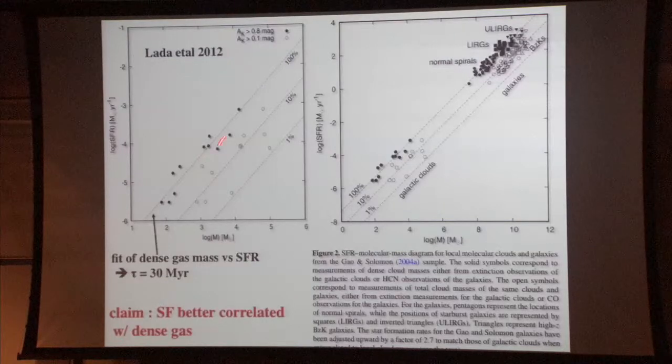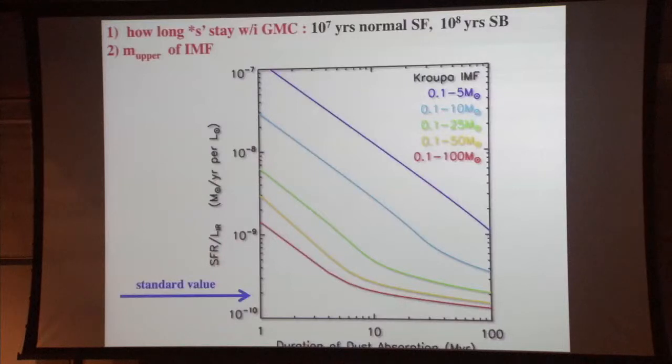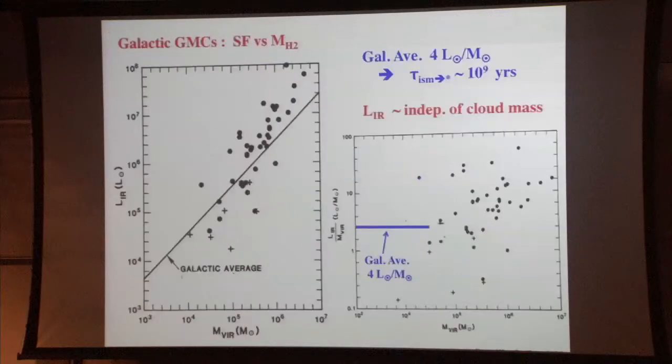So, that disagreement was to be expected because these clouds don't have high mass stars forming within them. So just remember that if you apply this infrared to star formation rate relation, you need to only look at regions where there's high mass star formation in addition to low mass star formation. Otherwise, it's not good. You need a different calibration.